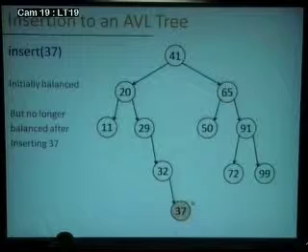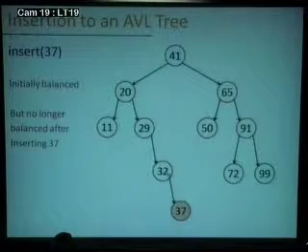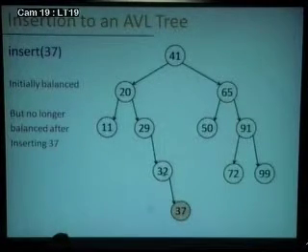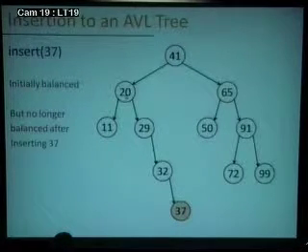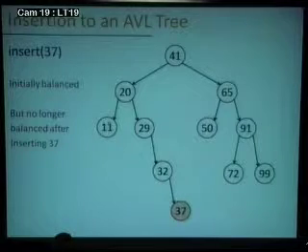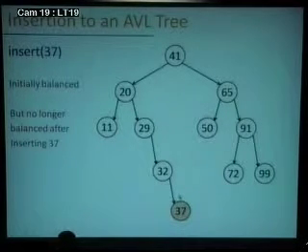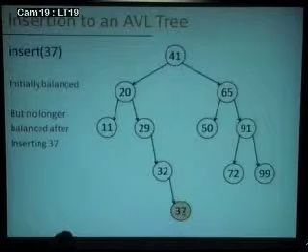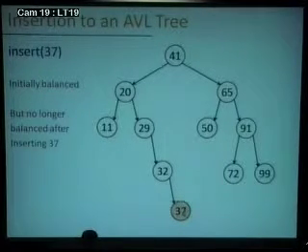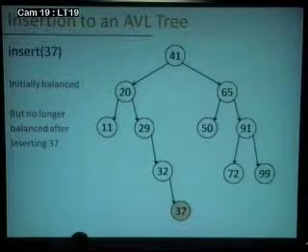It violates the balance property of the BST. 32 is still fine because 0 minus 1 is minus 1. Same thing happening with 20. I have 1 here on my left, I have 3 on my right. 1 minus 3 is minus 2. So see, the insertion of 37 causes the initially balanced tree to be no longer balanced. So something must be done.